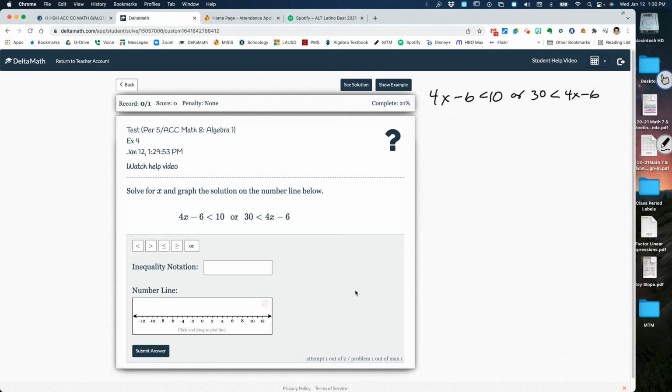And since I see it's positive 4x, I know I don't have to flip the inequalities. But I do have 4x minus 6. So I'm just going to solve both of them at the same time, starting with getting rid of the minus 6. All I'm doing is solving both inequalities at the same time.